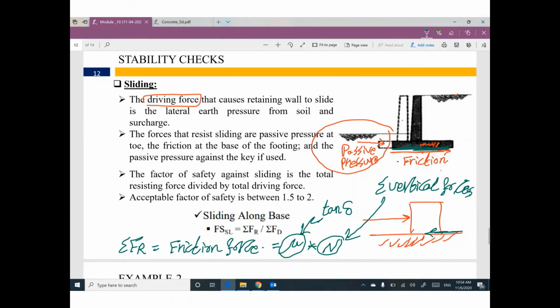What is the meaning of delta? Angle of friction between soil and the retaining wall. If you take tan of this angle, it will give you mu, which is the friction coefficient.